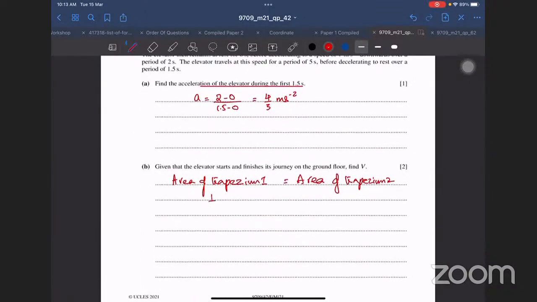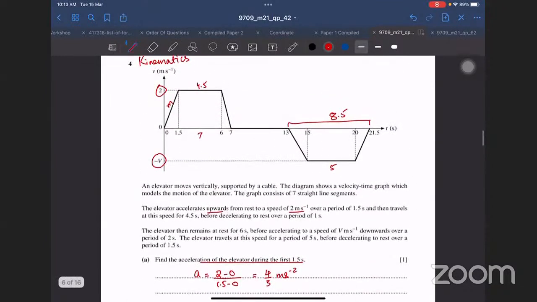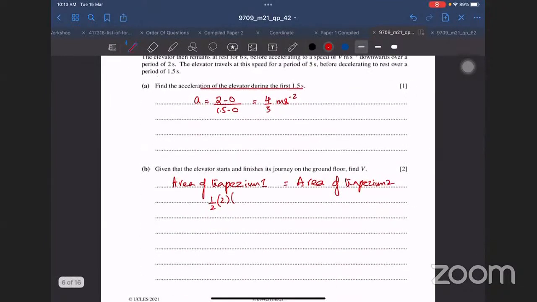So half height and then sum of parallel sides. Half height is V. The parallel sides are 5 plus 8.5.